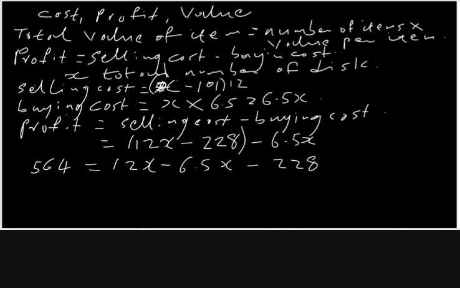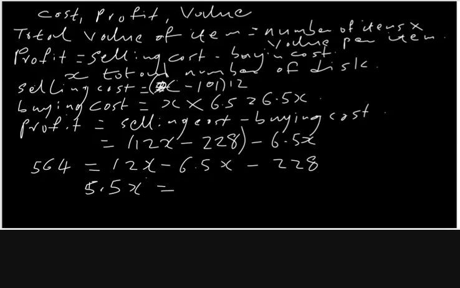So from here, you notice that 12x minus 6.5x will give us 5.5x, which should now be equal to 564 plus 228.